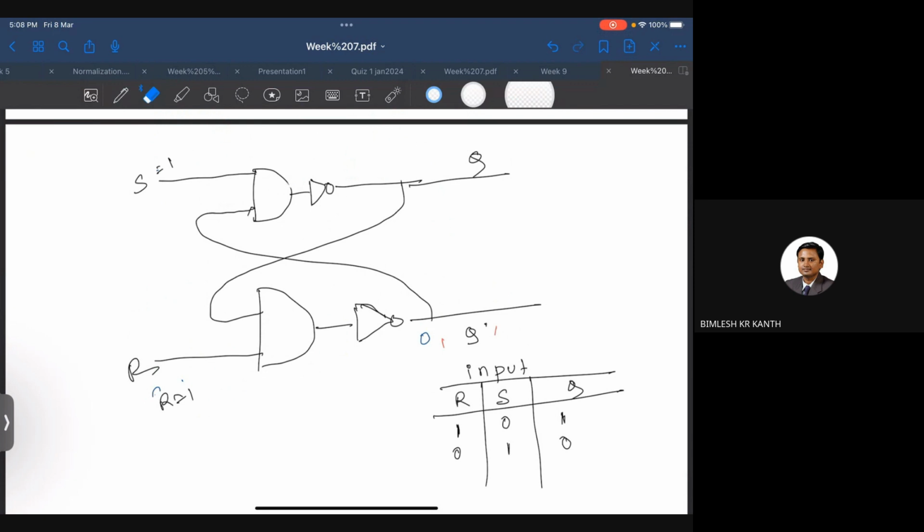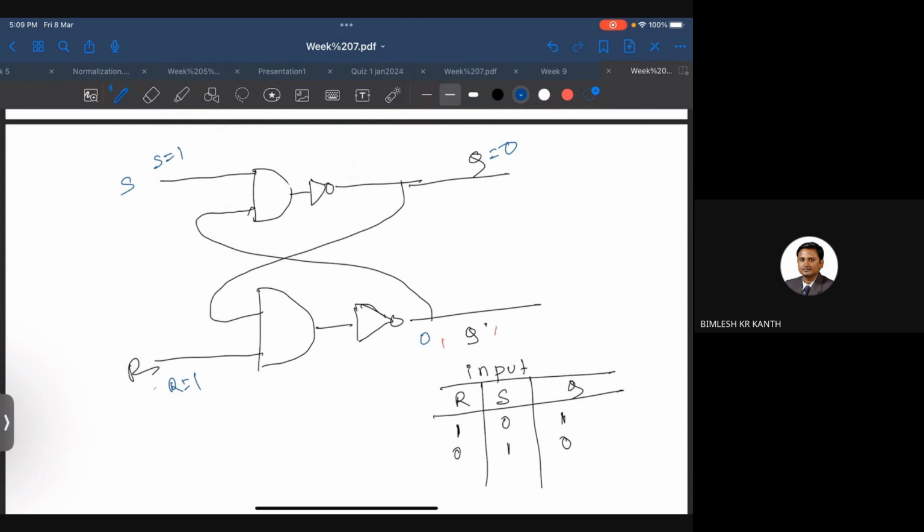This is S. Okay, let's assume Q equal to 0, first case.